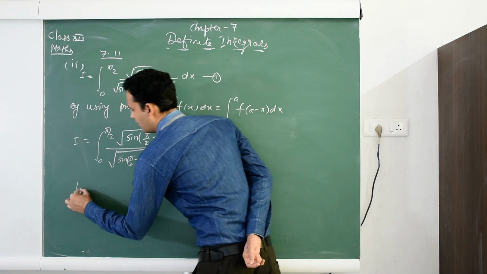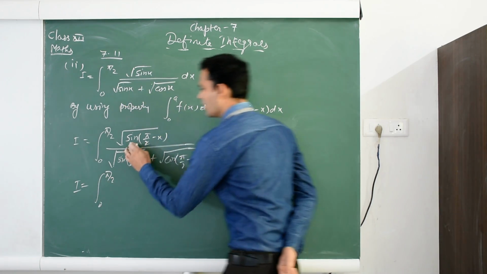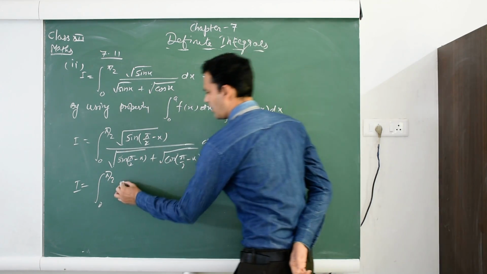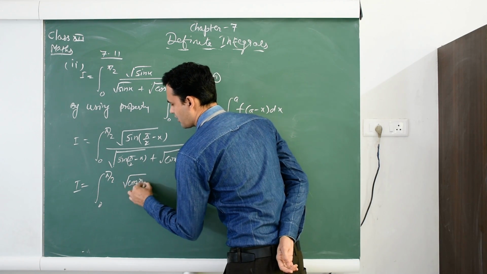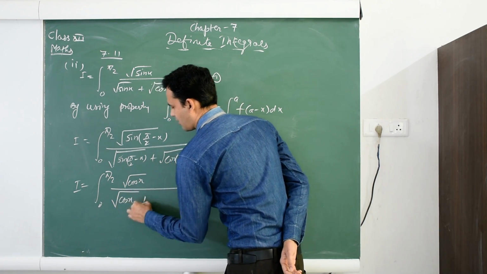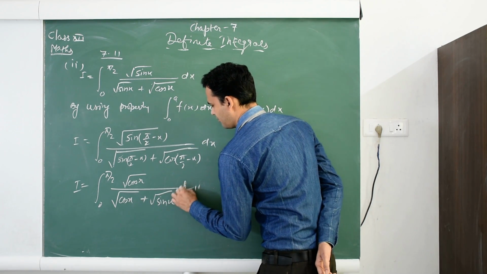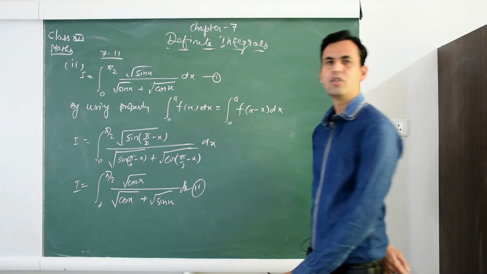We know that sin 90 minus theta is cos theta. So it is root cos x upon root cos x plus root sin x dx. This is equation number 2.